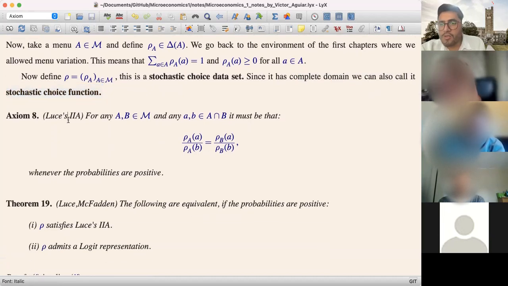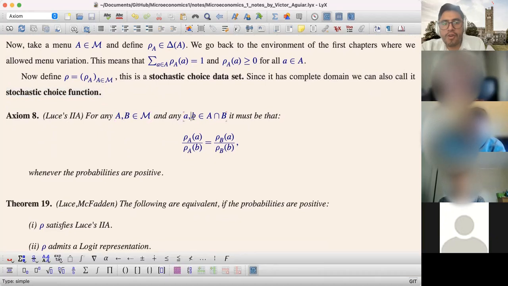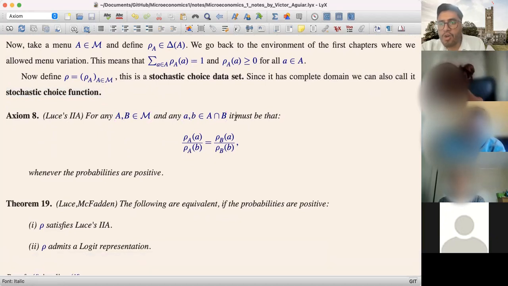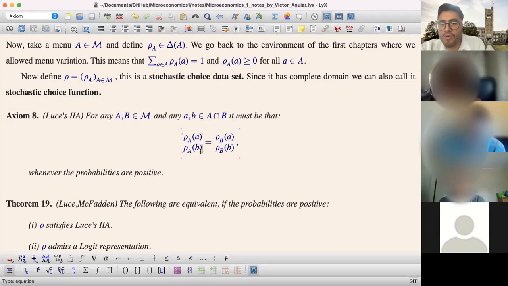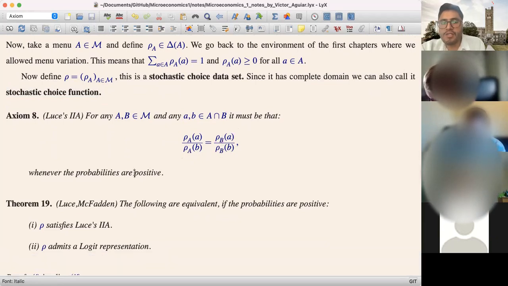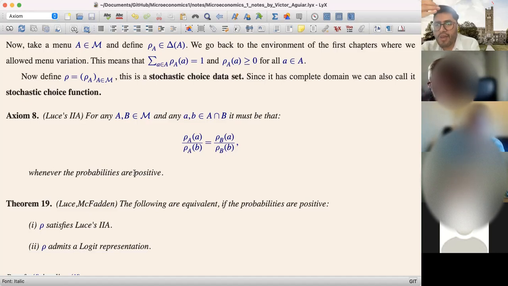Now what Luce IIA says is: for any menus A and B, and for any alternatives a and b that belong to the intersection of A and B, the probability of a over the probability of b in menu A is equal to the probability of a over the probability of b when I'm thinking of menu B. So when the probabilities are positive, this is Luce, okay? So it's exactly the same condition I described before when I had London and Waterloo, but this is more general.